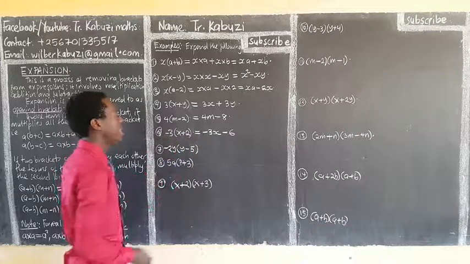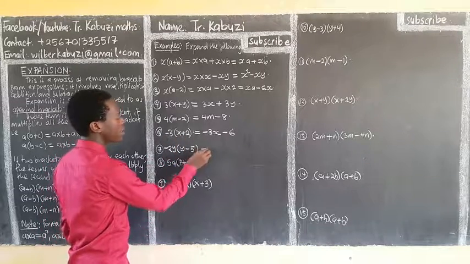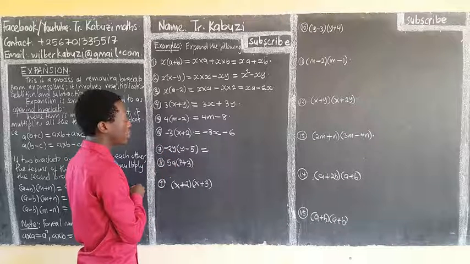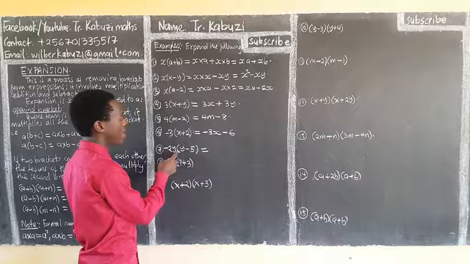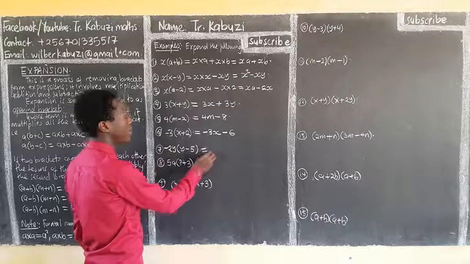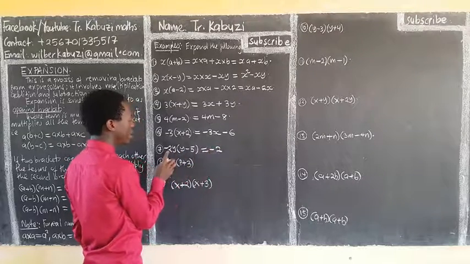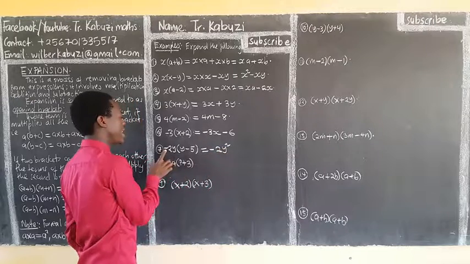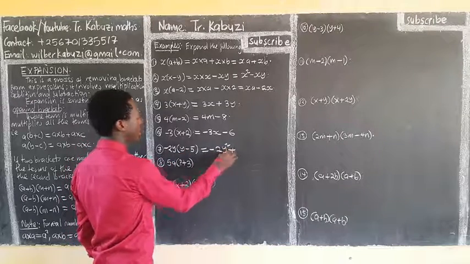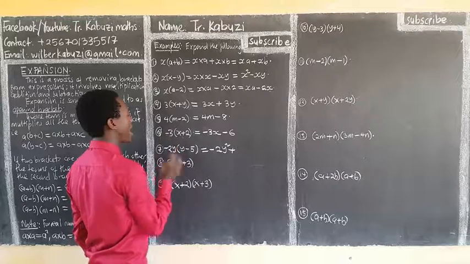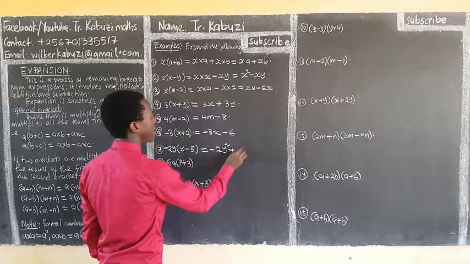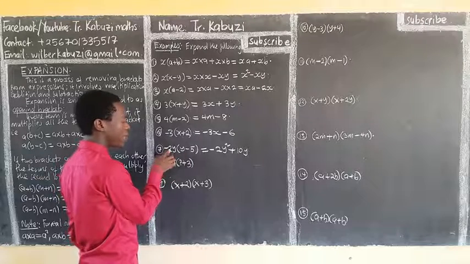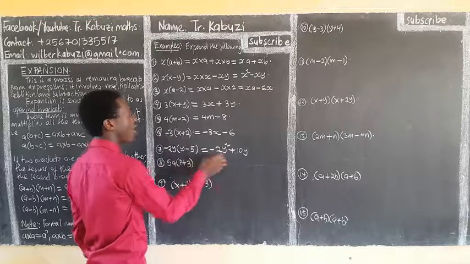Now negative 2y times y, we have y times y, which is y squared, so we get negative 2y squared. Then minus and the minus, we get a positive: 2y times 5, we get 10y. Because 5 times 2, we get 10, but it has a y.